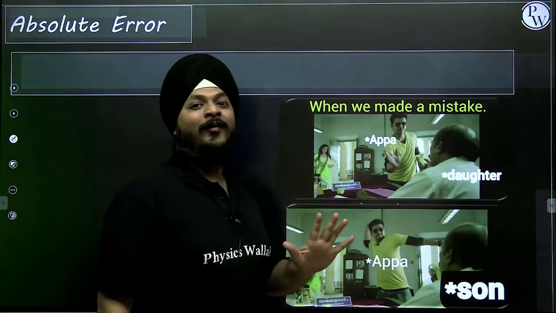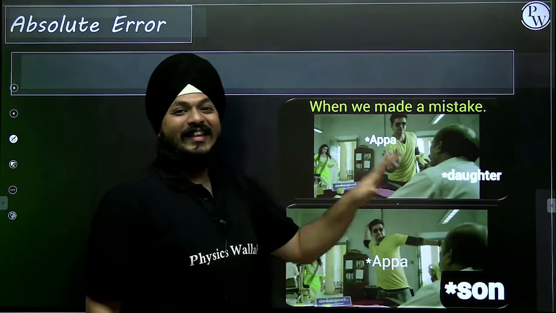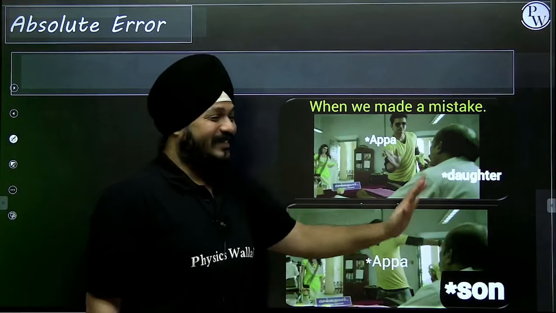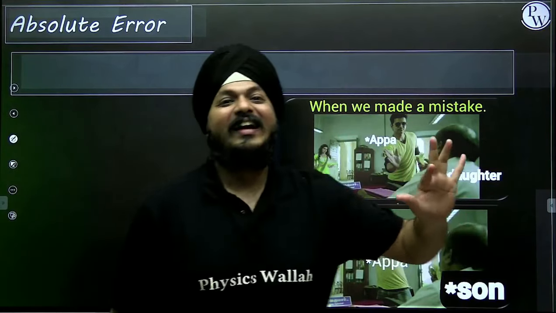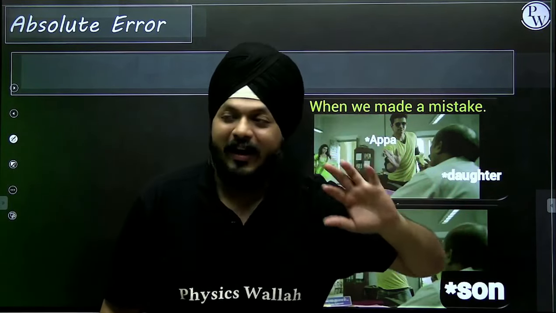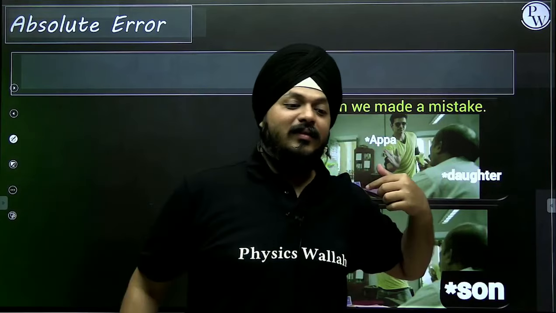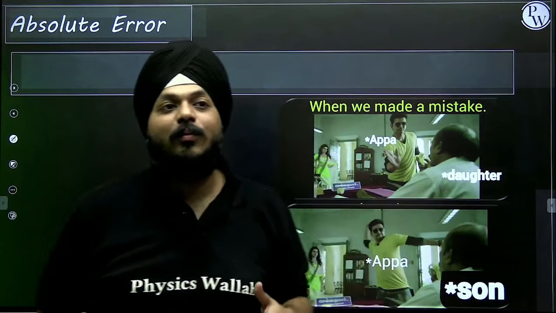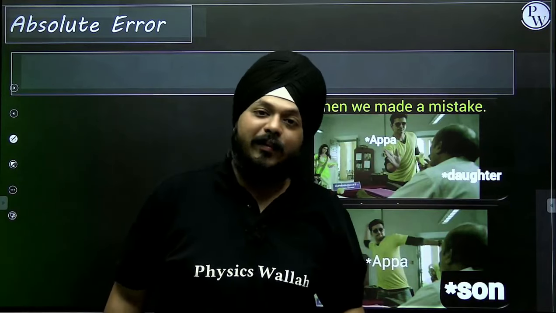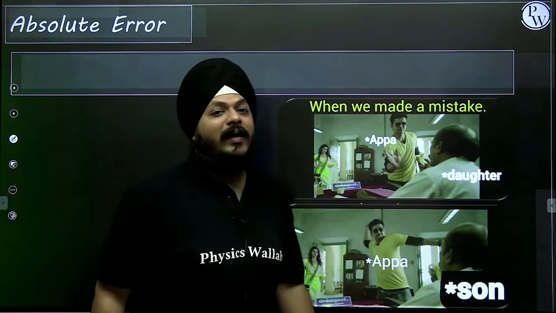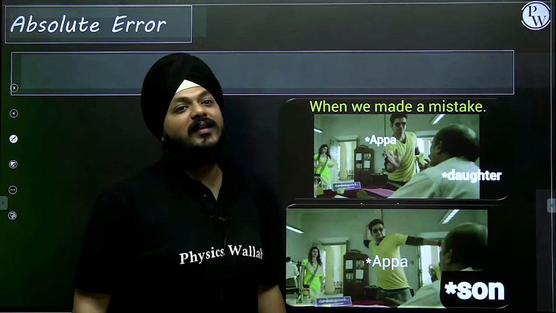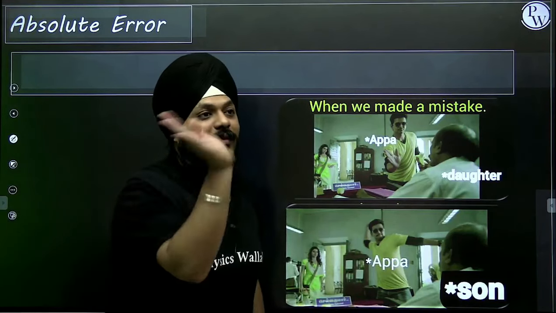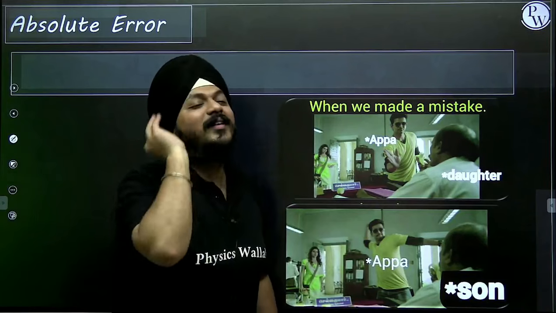Kindly consider this as fun, please. This message is not having any kind of discrimination between boys and girls, a strict disclaimer in front. When a daughter makes a mistake, papa says, okay beta, it happens.